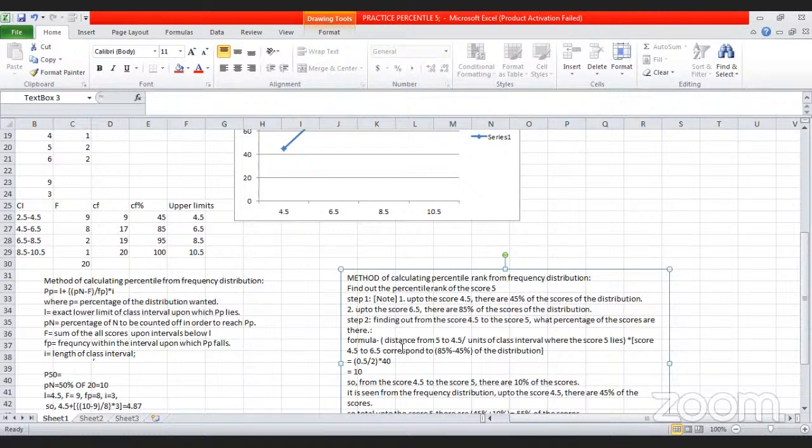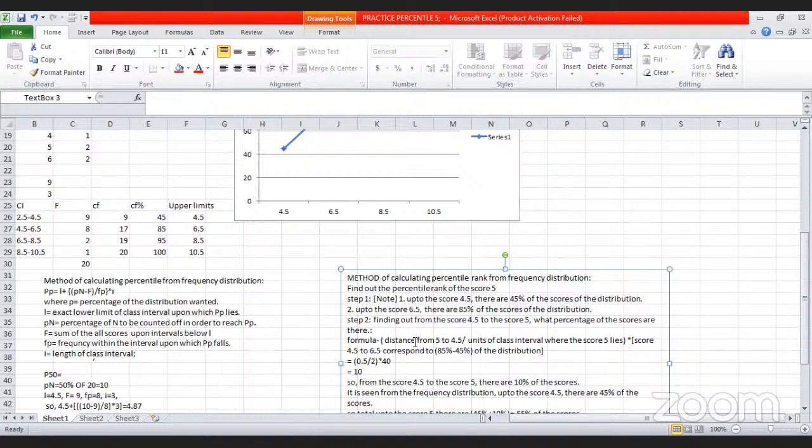That is the distance from 5 to 4.5, divided by the units of the class interval where the score 5 lies, into the score percentage corresponding to 4.5 to 6.5, that is 85% to 45%.